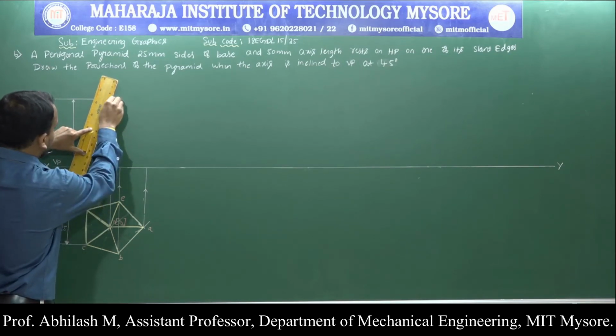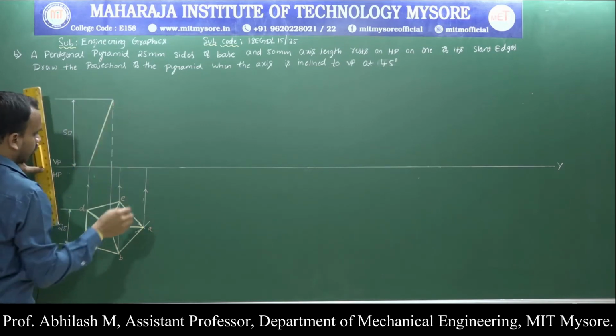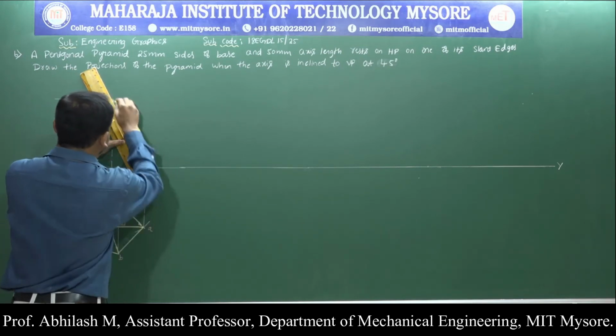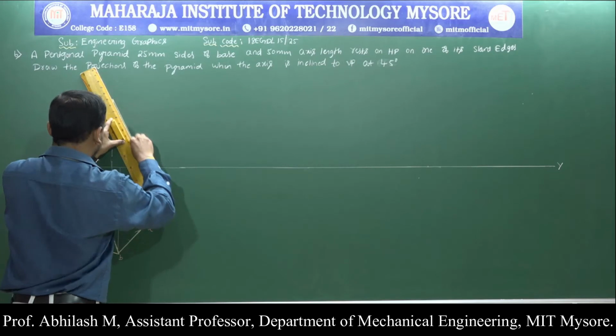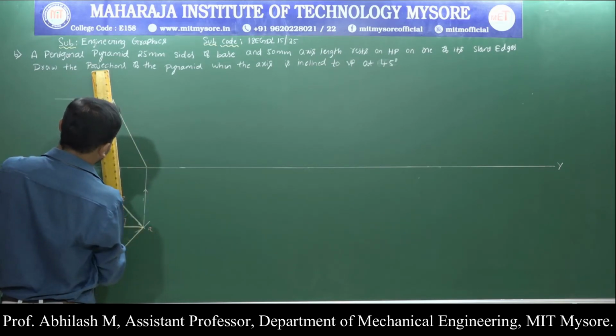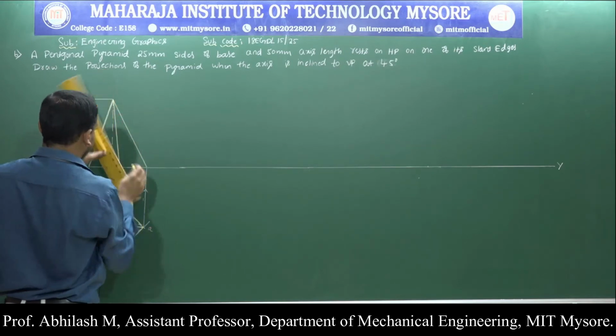So from C dash to D dash, it is completely visible. From A dash also, this slant edge is visible. From B dash to E dash also completely visible, along with the base edge.